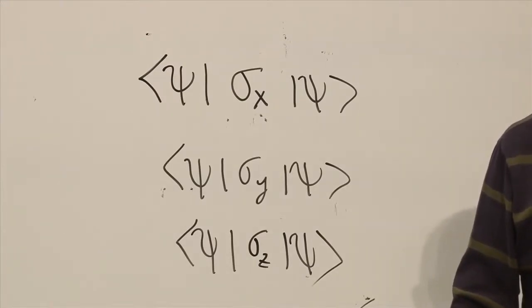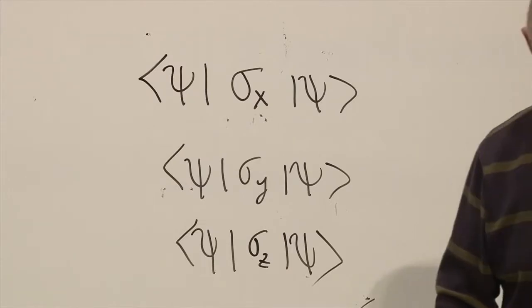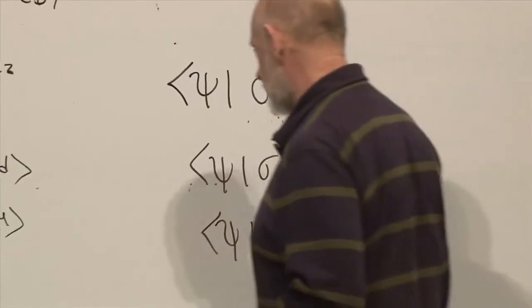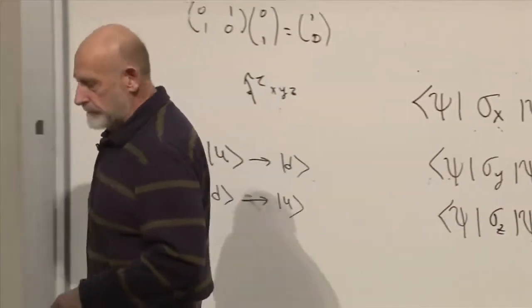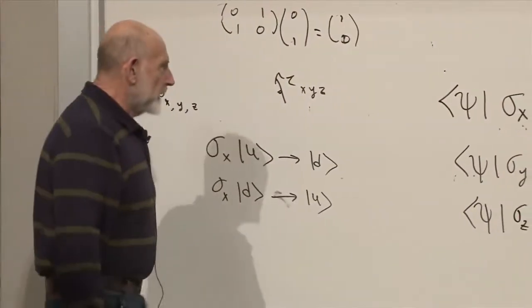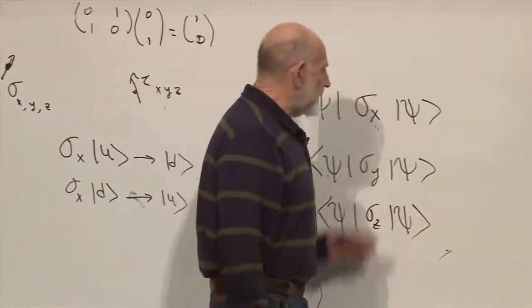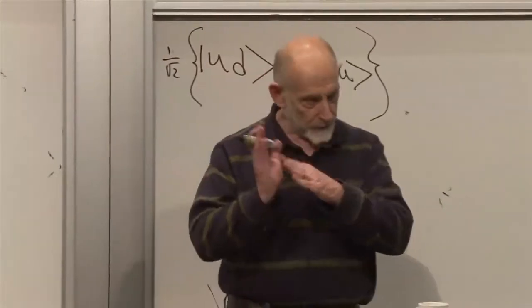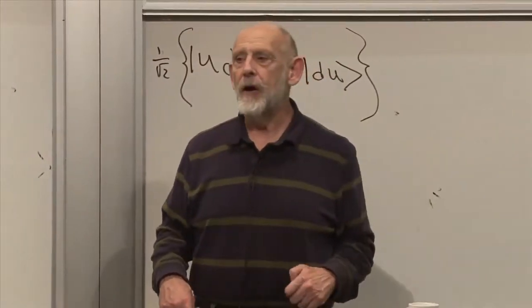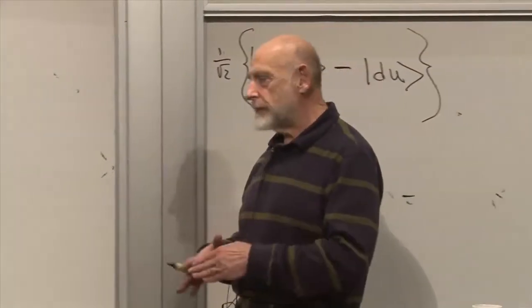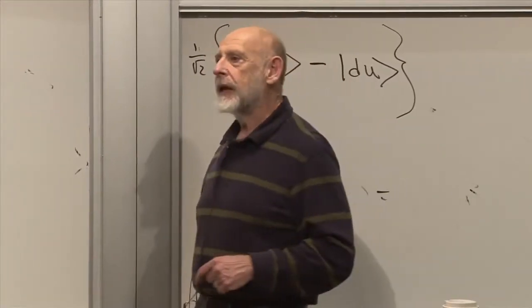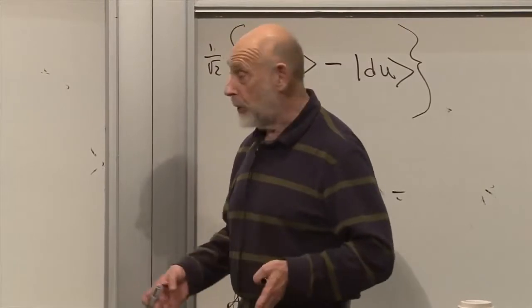Should we take a vote or should I just tell you? The answer is no, they cannot all be 0, and here's the reason. Given any state, there is always a direction in three-dimensional space for which sigma in that direction, the component of sigma in that direction, is definite and equal to +1.